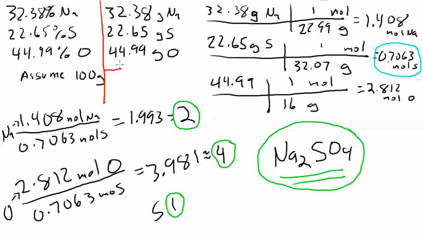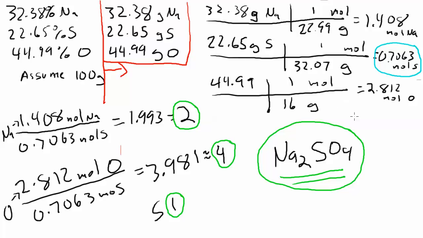They give you masses, right? These are masses right here. So you'd be starting right here, and the only thing that's different is you just don't have to do the assume I have 100 grams step. That's when you're given percentages to start. When you're given masses to start, you can just start with the masses, calculate the number of moles, divide those out to get the smallest whole number ratio you can get, and then write out your empirical formula.